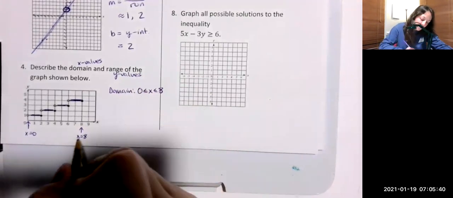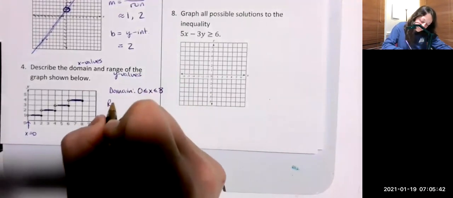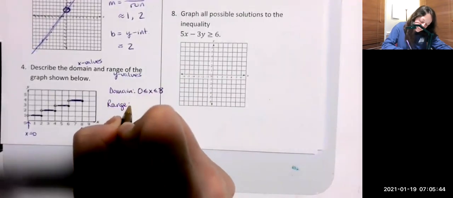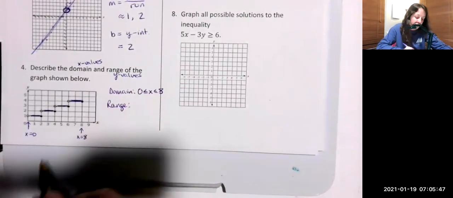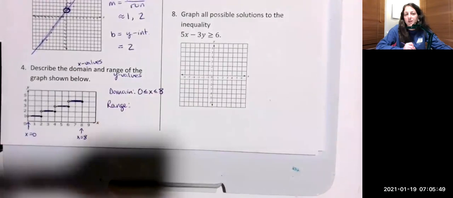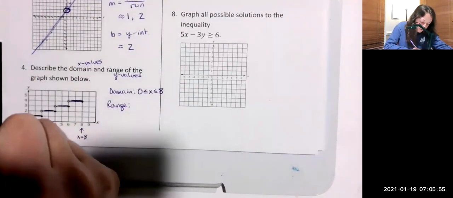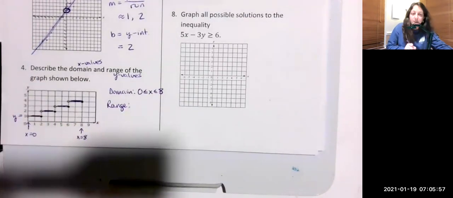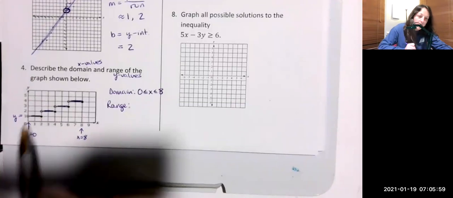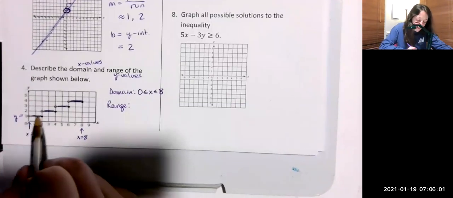And then my y values are a little trickier. This is one of those pay-attention-to-the-details kinds of graphs. My range starts at 1. My y values start at 1, but there is no upwards movement. It's just a flat 1.